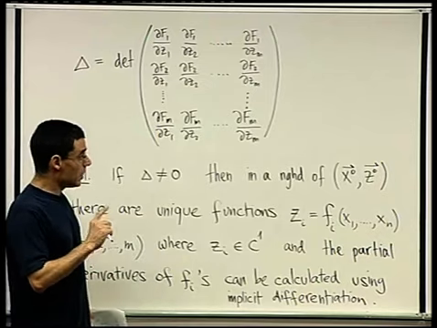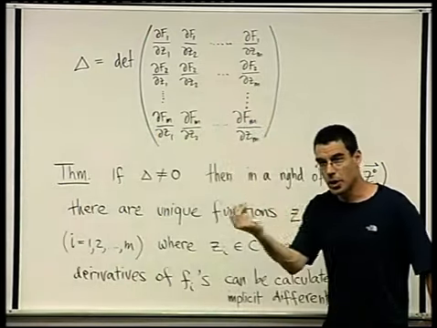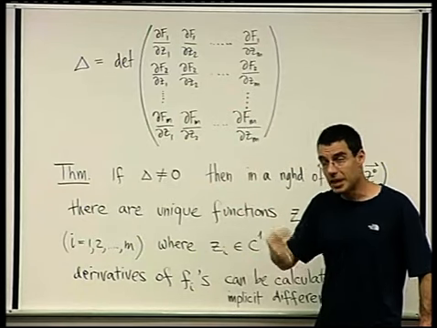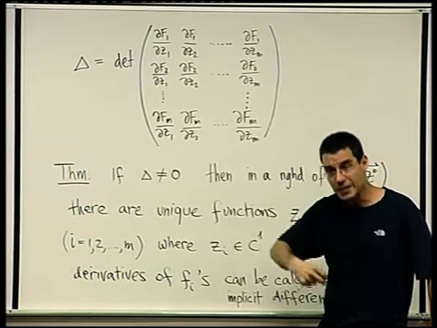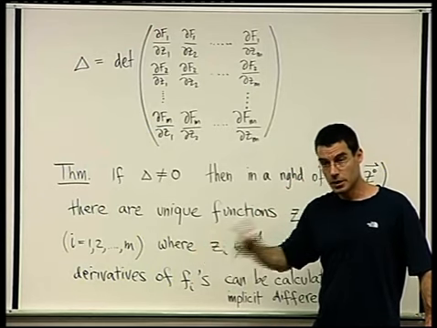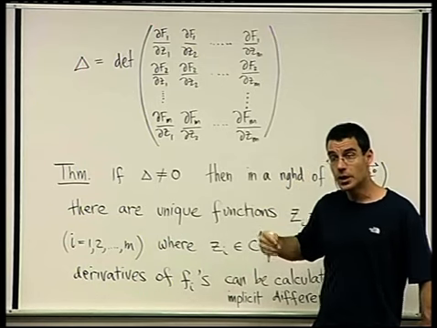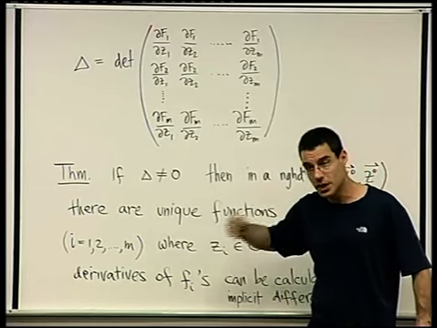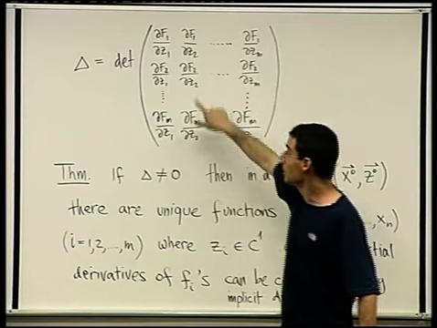According to the formula, no. There's some correspondence that has to hold between the number of equations and the number of variables you can extract as functions of the others. That's the number m. If you have m equations, you can express m variables as functions of the other variables. It has to be a square matrix here.